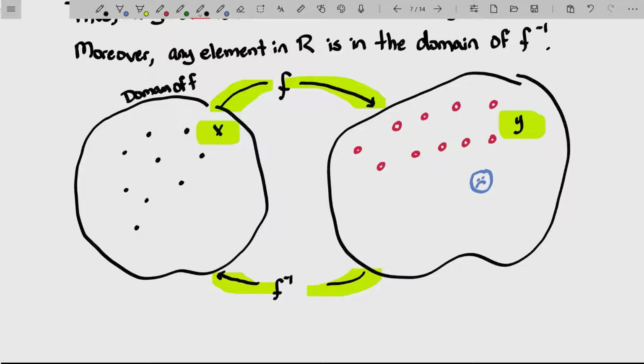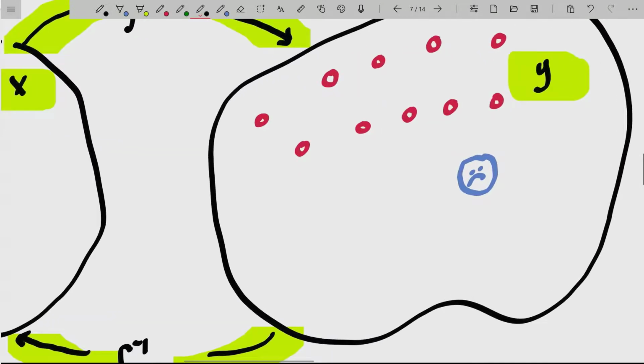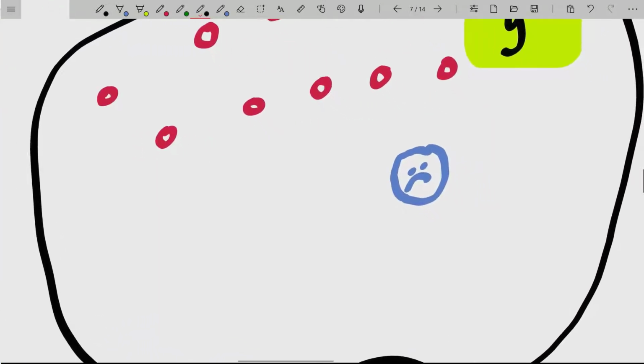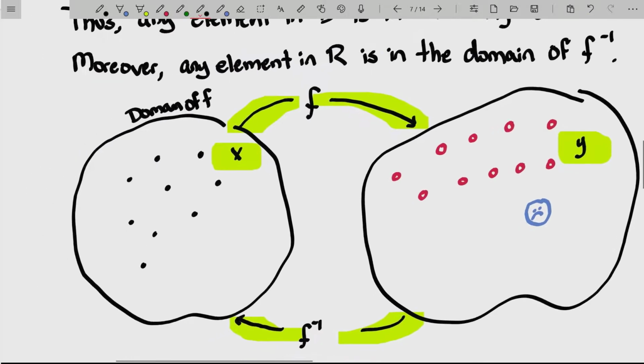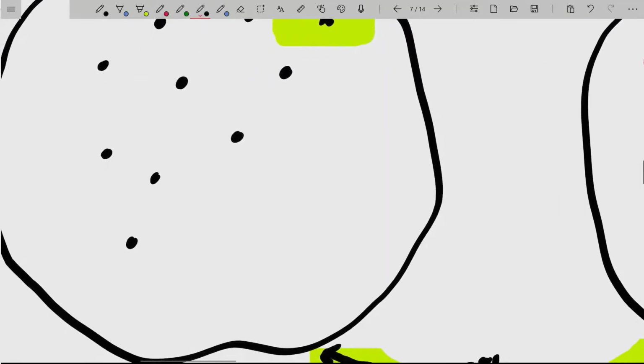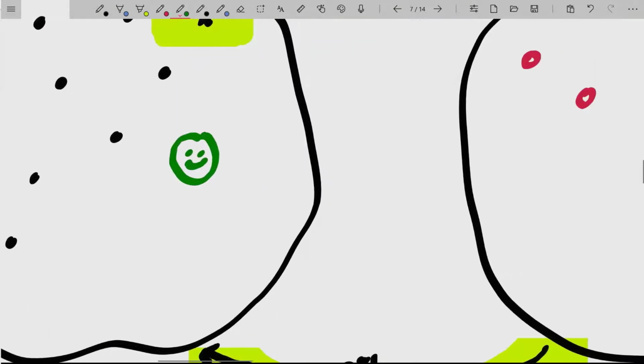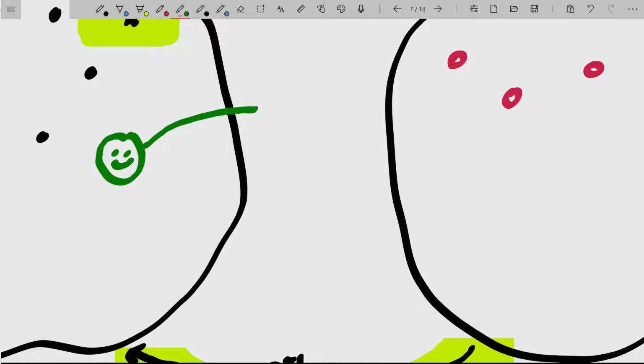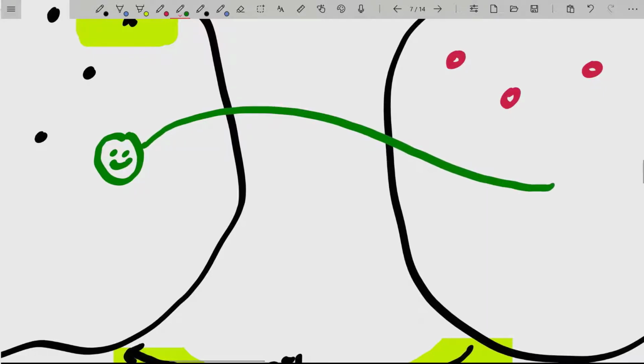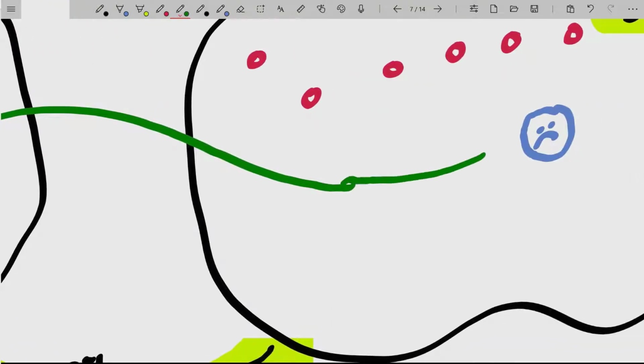So really, when I was saying earlier that this doesn't really prove it, it kind of does prove it, that the domain of f is the range of f inverse and the range of f is the domain of f inverse. I just wanted to clarify that there is no such thing as an object in the range of f that does not get mapped to by some element in the domain of f. If there's an object in the range of f, it must have been mapped to by some element in the domain of f, period.